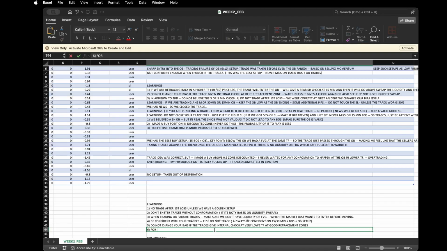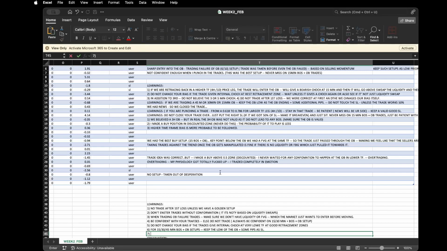For 15, 30, 45 minute BOS plus OB setups, keep the low of the OB plus some pips as SL.